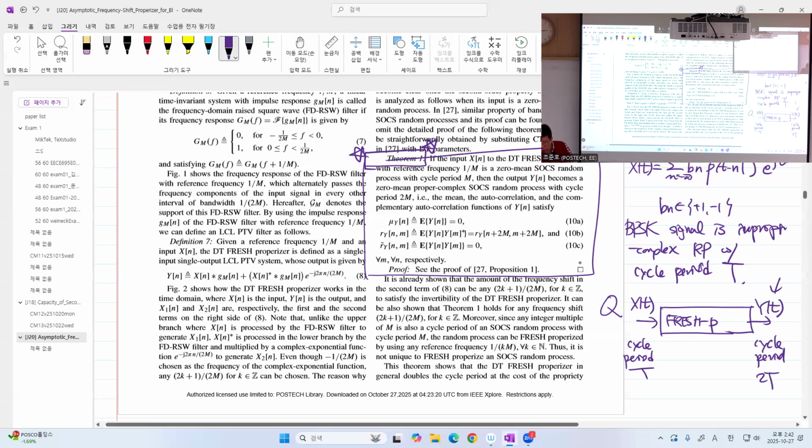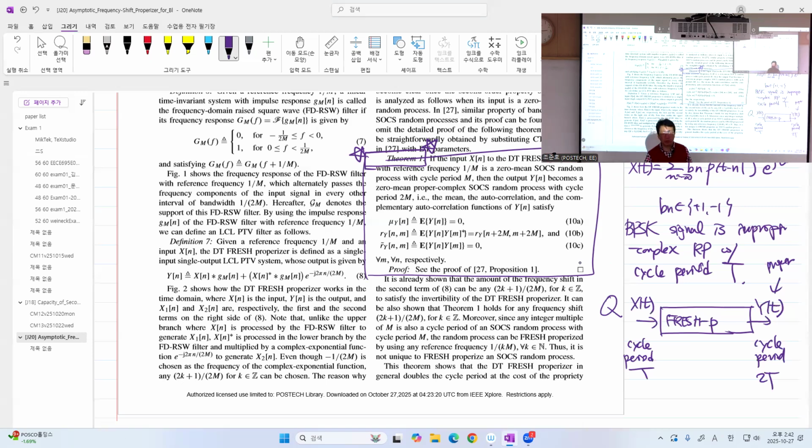Since this is proper, we can put in some conventional receivers, of which theory has been developed for many, many years, and of which simplified algorithms are available in much literature.